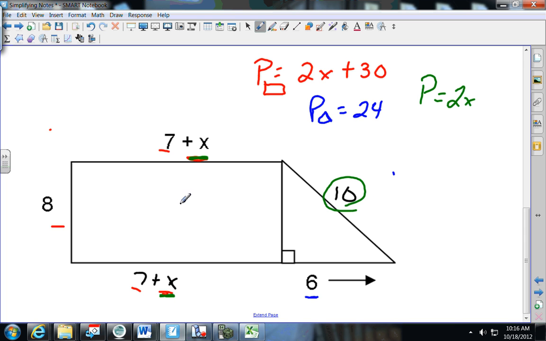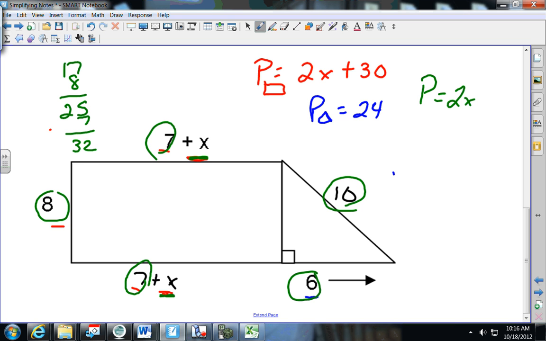Then I have 10 plus 7, that's 17, plus 8, 25, plus 7, 32, plus 6 more, gives me 38. So 2x plus 38.